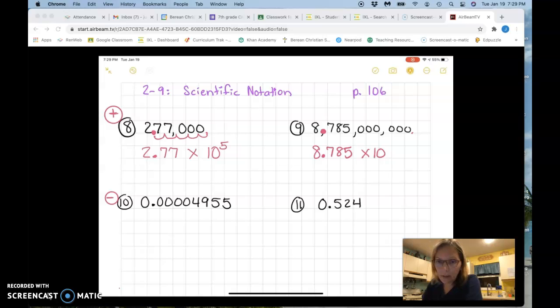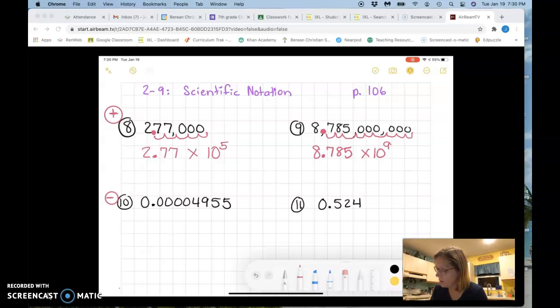So it started right there, so let's count. 1, 2, 3, 4, 5, 6, 7, 8, 9. So 8.785 times 10 to the 9th power. Okay. All right, let's do the small decimals.